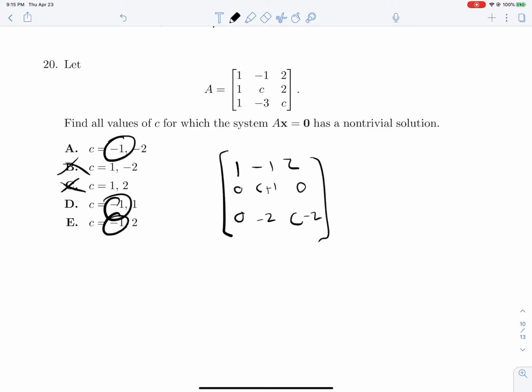Let's divide this by 2. There we go, and subtract row 3 from row 1. We get 0, 2 minus C over 2 minus 1, so 1 minus C over 2. That doesn't really help with anything at all.